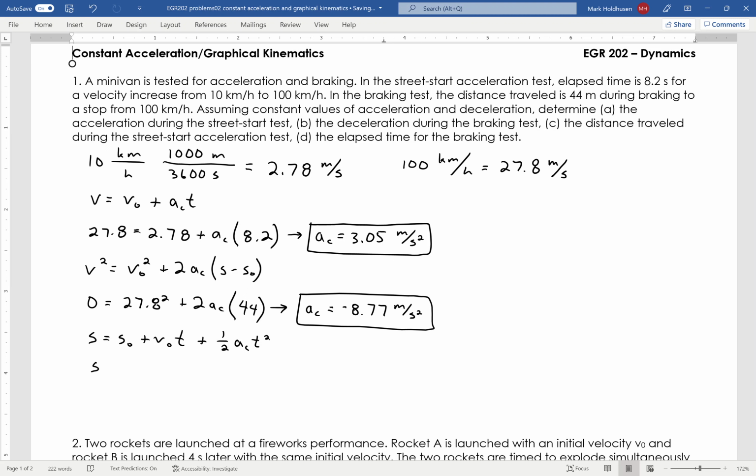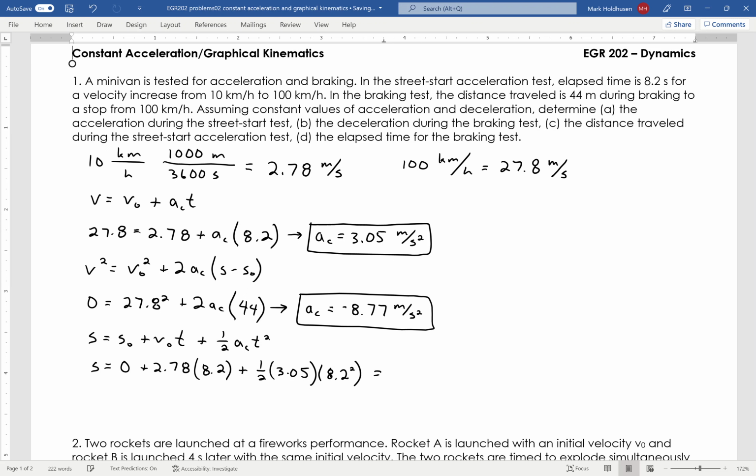Okay, s naught equals 0. My initial velocity, again, remember it is 2.78. My time, I don't know my time. That's what I'm trying to figure out. No. My time is 8.2. And my acceleration I found previously is 3.05, and my time is 8.2 squared.